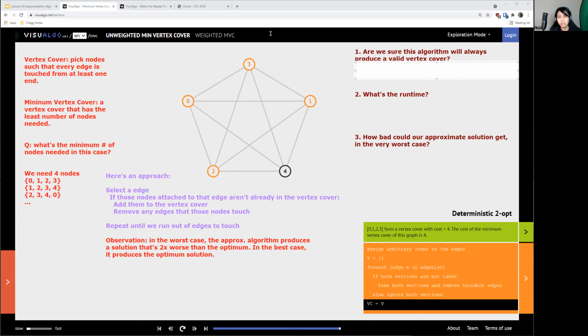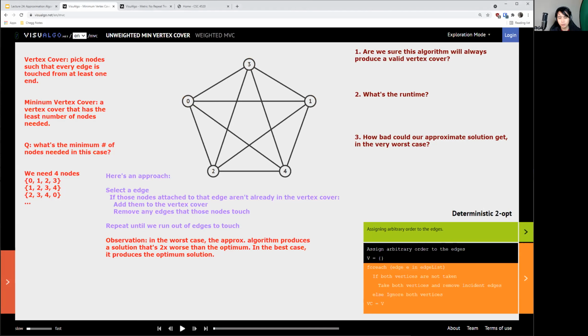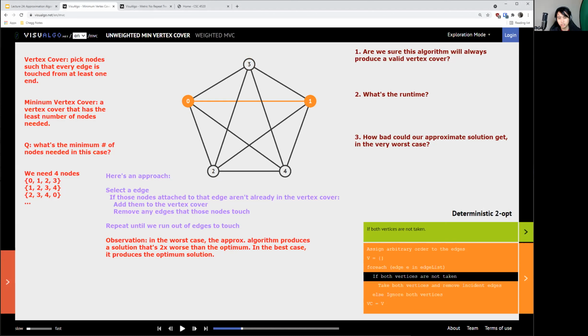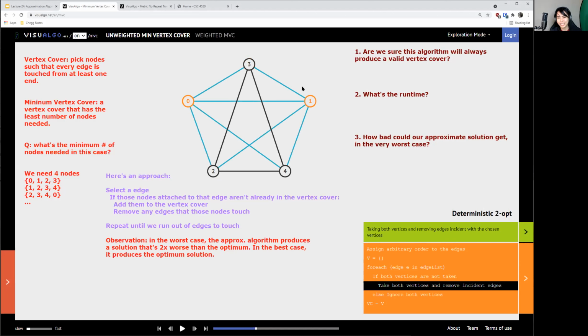So when we started here in this example, at the very, very beginning, we picked 0, 1 as our edge, and then we removed all of these edges in blue, right? So in other words, we pick nodes until we're out of edges to pick. We remove edges to pick every time we select 2 nodes that add into our vertex cover.